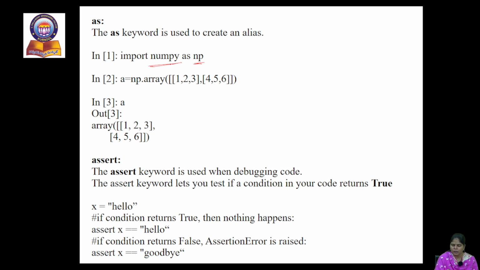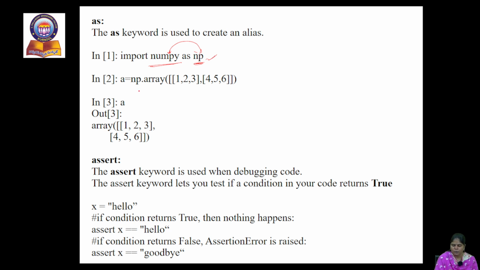Now wherever NumPy is needed, I can just use NP. So import numpy as np. Now the functionality of NumPy will be given to NP, and NP will be used everywhere in my program. No need of writing the module name or the package name everywhere, you can just mention NP.